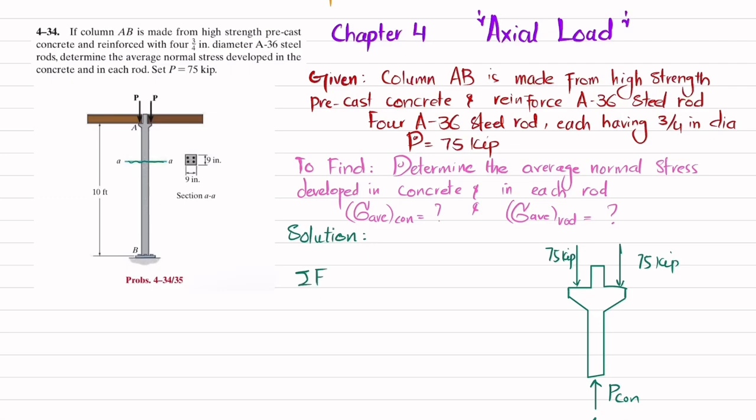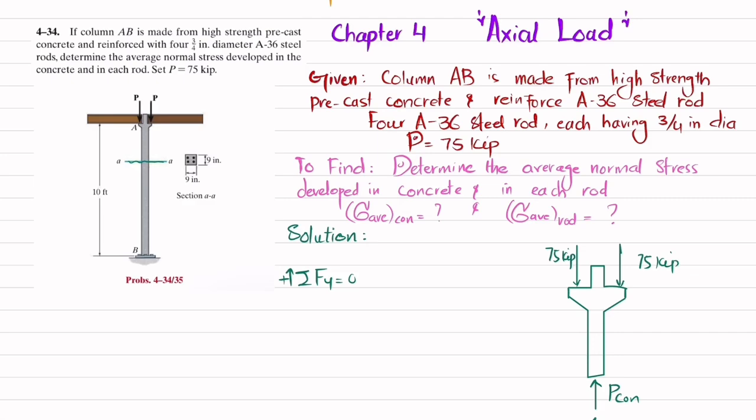So we'll apply the equation of equilibrium for finding this P concrete and P steel. The sum of all forces along y direction must be equal to 0, and upward force is taken as positive. Since we have 4 A36 steel rods, we have 4 times P steel. Clear?